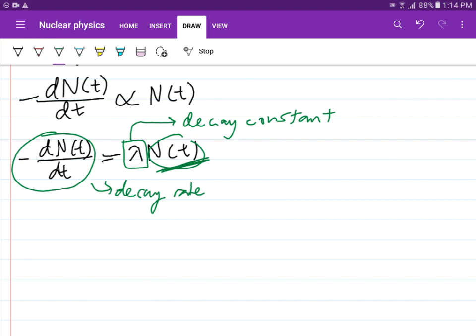The value for the decay rate is 2 microcuries, or 2 times 10 to the minus 6 curies.